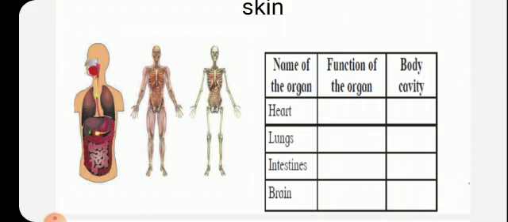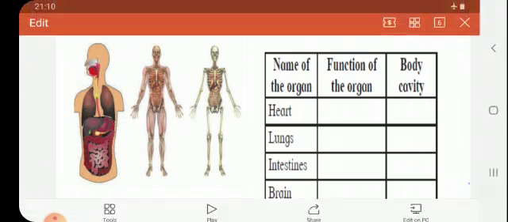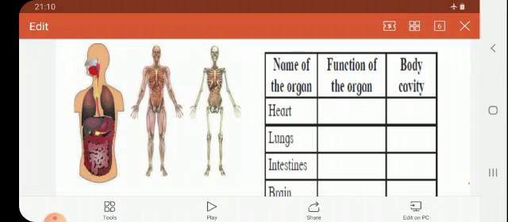The next organ is the intestine. What is the function of the intestine? Intestine is present in the digestive system. After the stomach, intestine plays an important role in digestion.